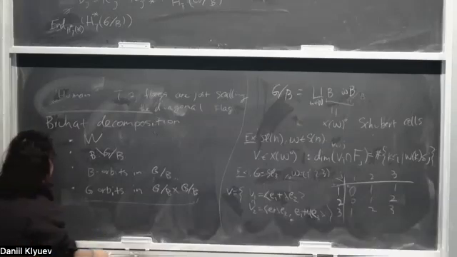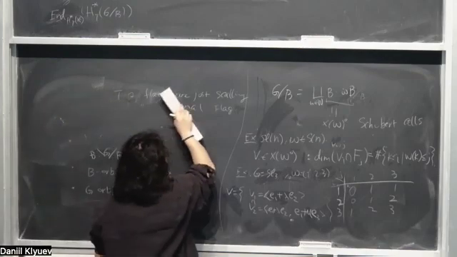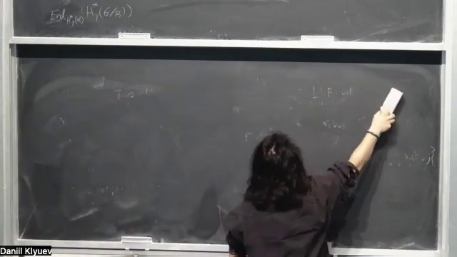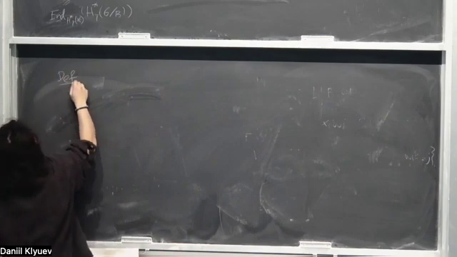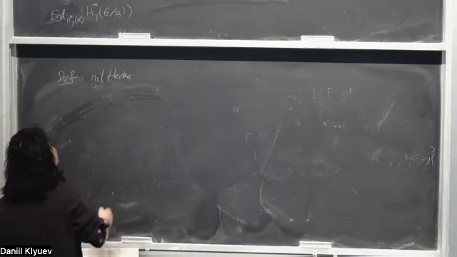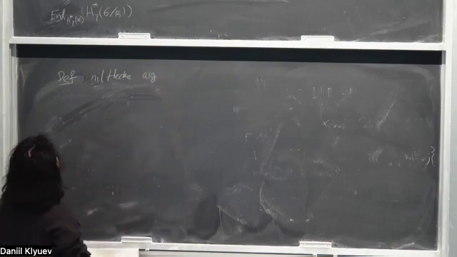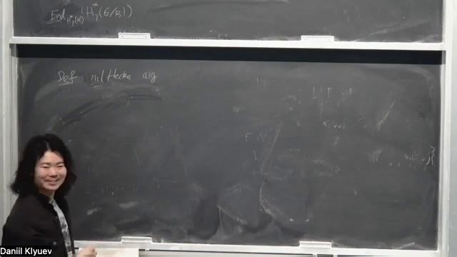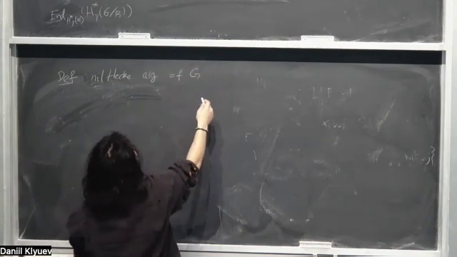Definition. Nil-Hecke algebra of G. I don't know how they labeled it, like G mod B or nil-Hecke of G. It just depends on G, right?